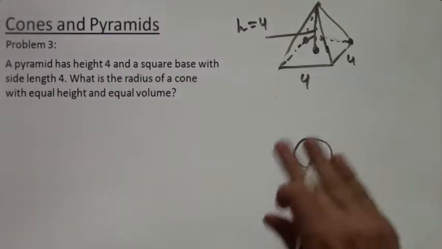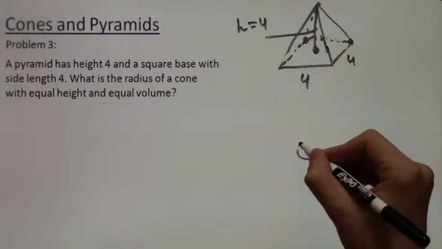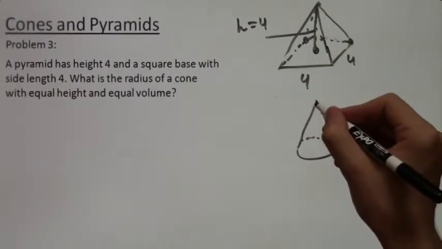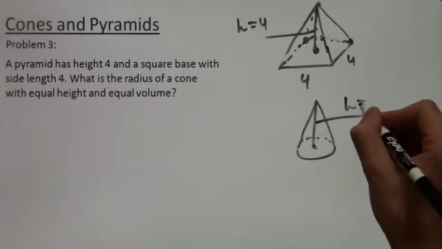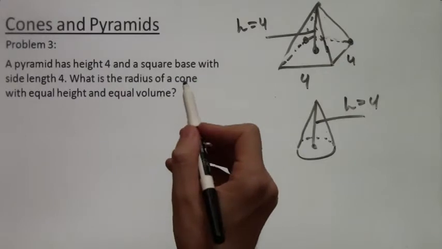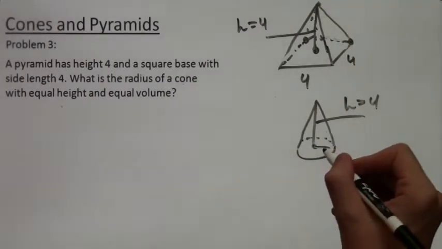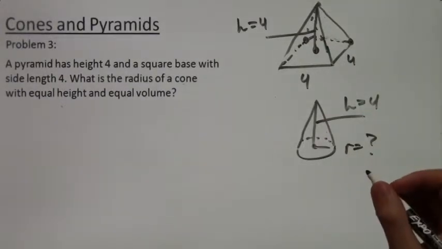If it has the same volume, then we need to figure out what the volume of this object is. So first, let me draw this cone. This is what the cone looks like. And it's got equal height, so that must be 4, and unknown radius. So I'm just labeling it as r, and r is what we will be solving for.